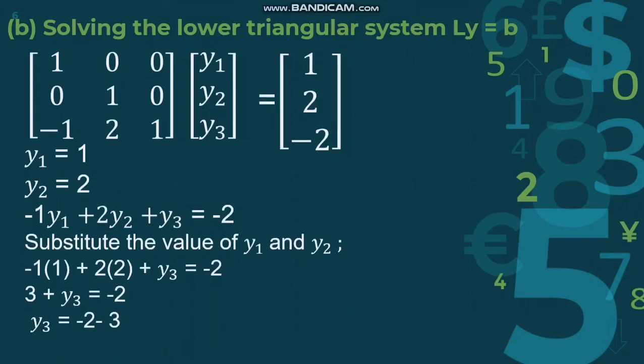Y sub 3 is equal to negative 2 minus 3, and we get the value of our y sub 3, which is negative 5. So, the value of our y sub 1 is equal to 1, y sub 2 is equal to 2, and our y sub 3 is equal to negative 5.